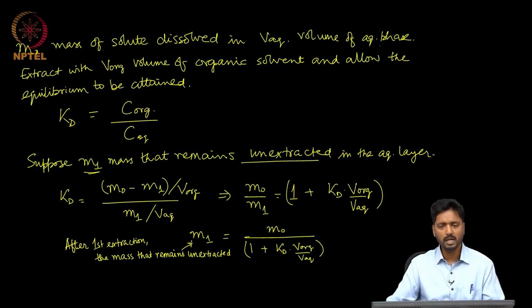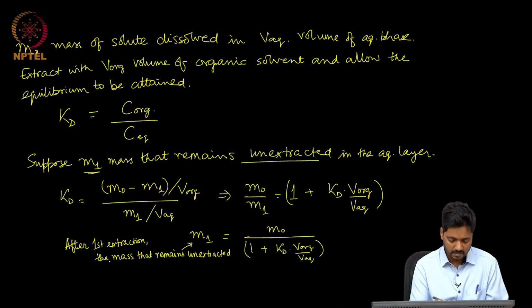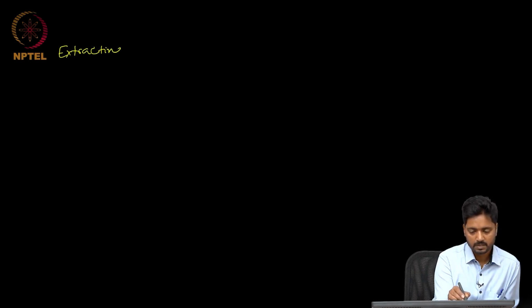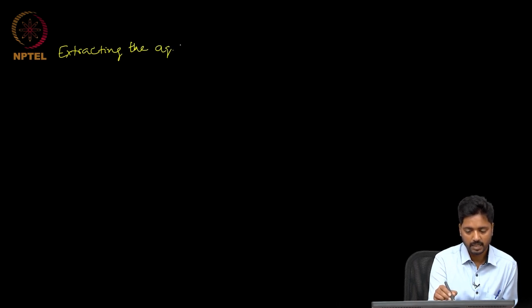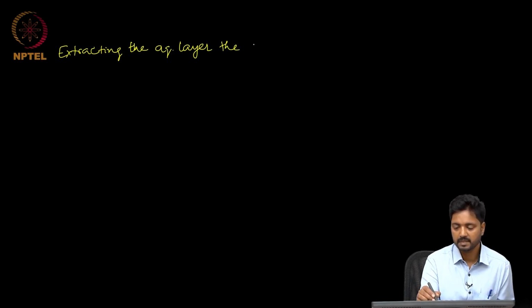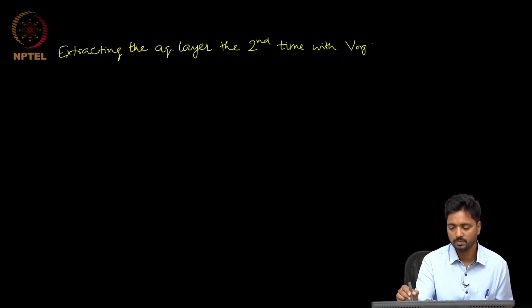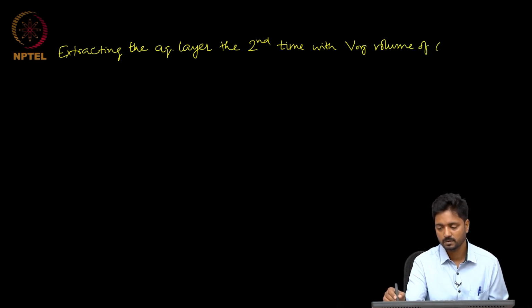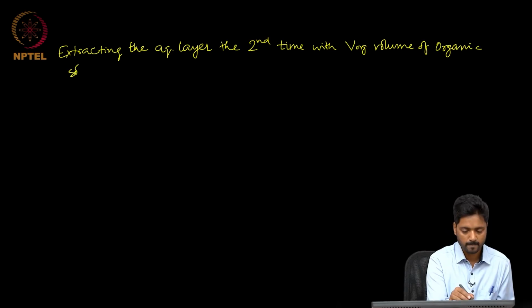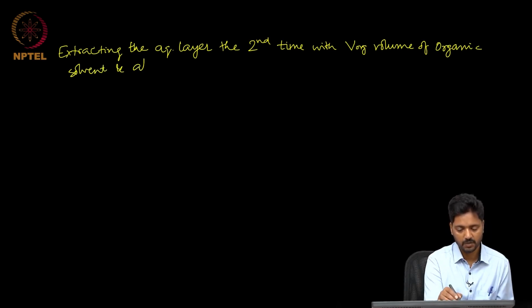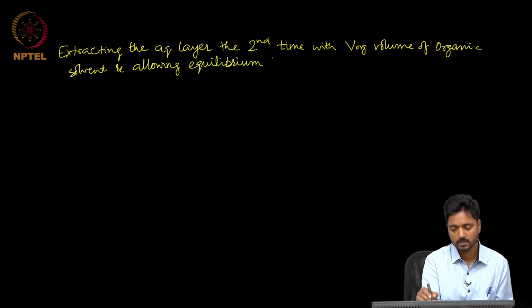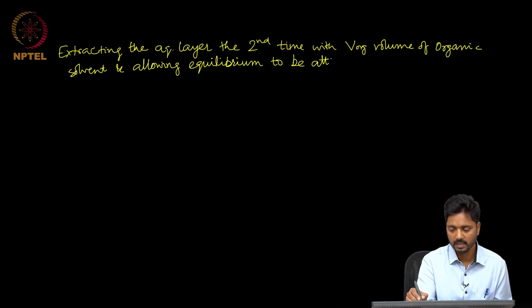Now, suppose we undertake the same extraction the second time, what we get is extracting the aqueous layer the second time, with V org volume of organic solvent and allowing equilibrium to be attained.